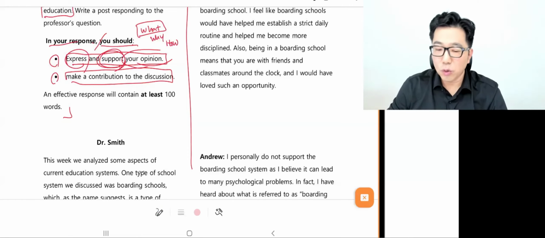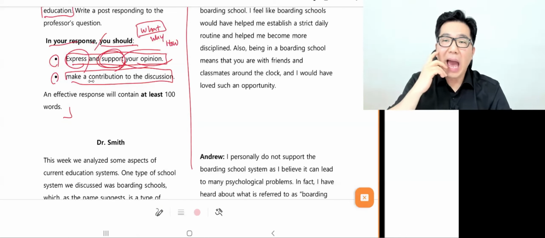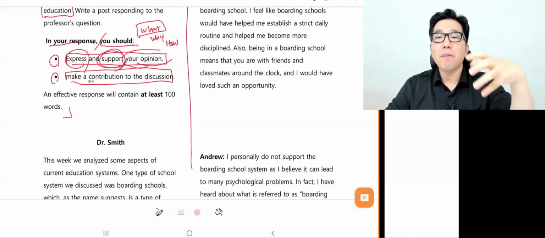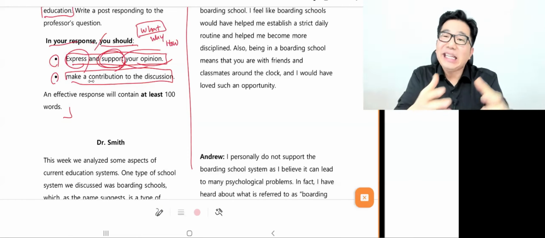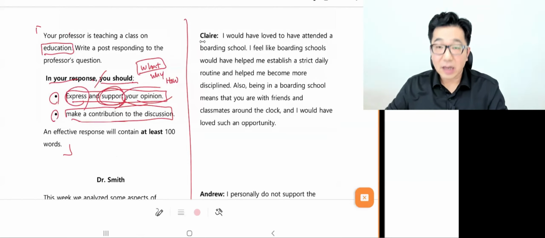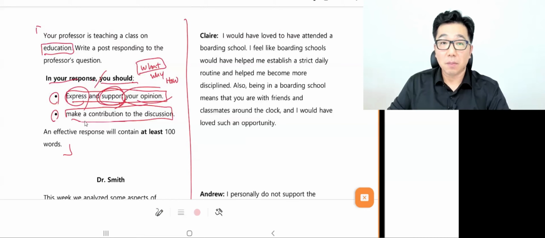So you could do this in many different ways, but in a nutshell, in short, you need to add your own original, additional contents that is above and beyond, in addition to what is already given by Claire and Andrew. So now we understand completely.